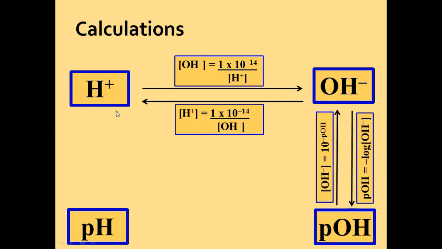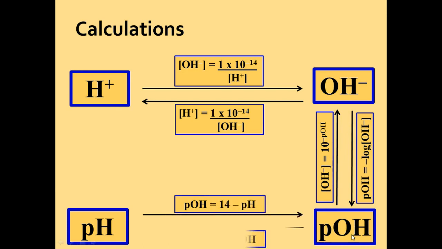Then we have pOH to OH and OH back. So remember, for pOH, you just take 10 to the negative pOH, and then you get the OH concentration. And then negative log of OH gives you pOH.